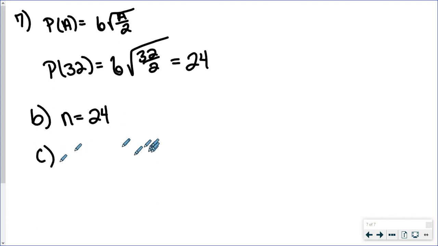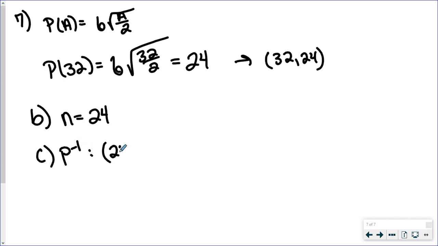So, for instance, one of the points, we know that on P, we have the point (32, 24), right? This would tell us that the point (32, 24) has to be on my graph. Well, that means for my inverse, I know that I have to have the point (24, 32), right? I just switch those around. And you can do that for a couple of other ones.